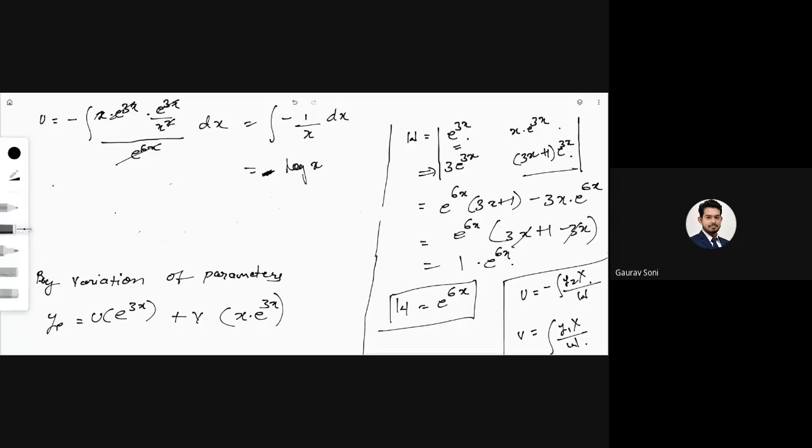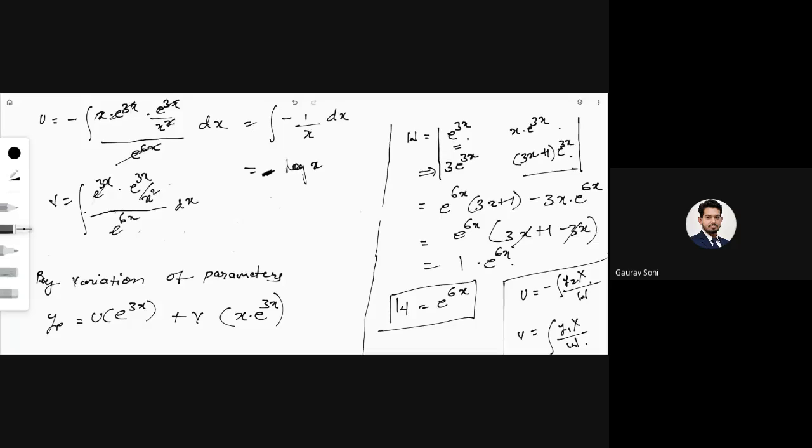Now v is equal to integration y1 times X. What is our y1 here? y1 is equal to e to the power 3x. X is e to the power 3x divided by x squared, and totally divided by e to the power 6x.